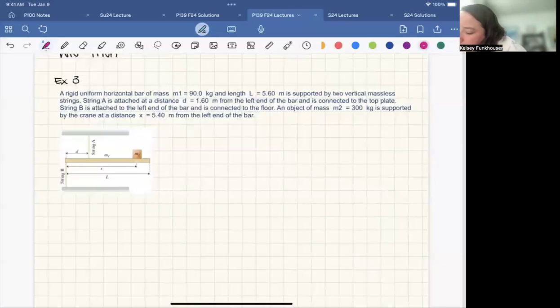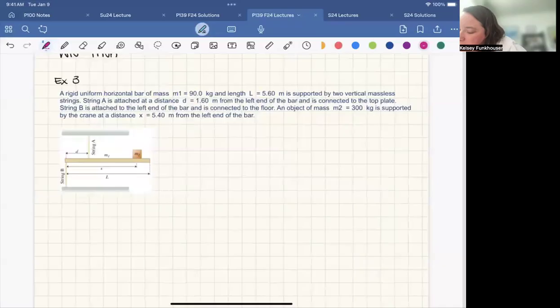A rigid uniform horizontal bar of mass M1 equals 90 kilograms and length equals 5.6 meters is supported by 2 vertical massless strings. String A is attached at a distance D equals 1.6 meters from the left end of the bar and is connected to the top plate.